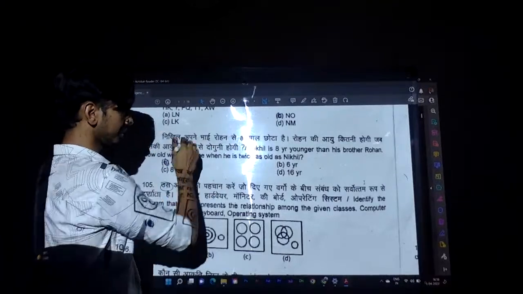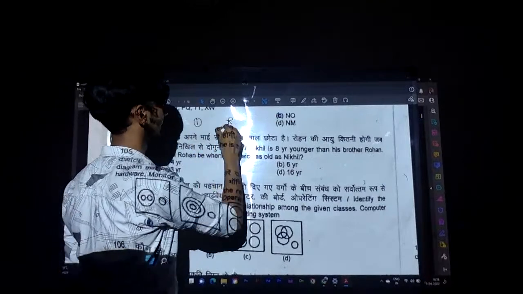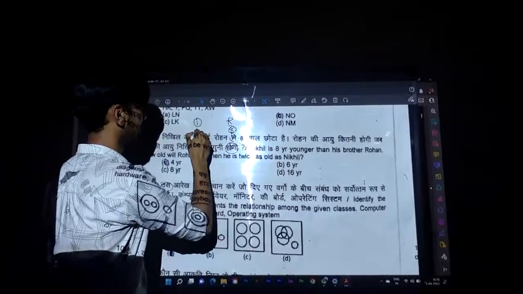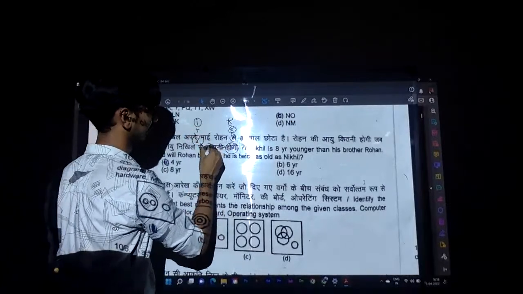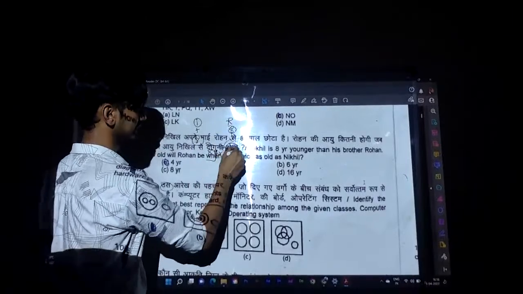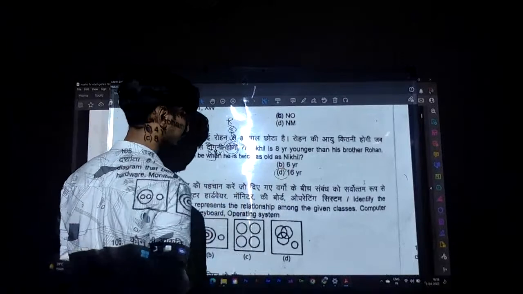Suppose we take Nikhil's age as 8 and Rohan's age as 16. So the gap still remains 8 years, so the right option will be option D.